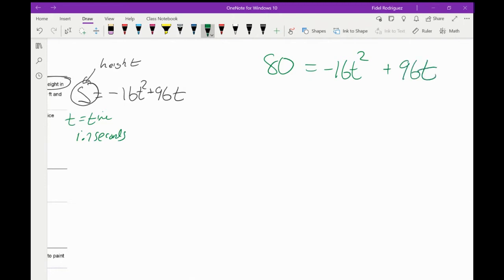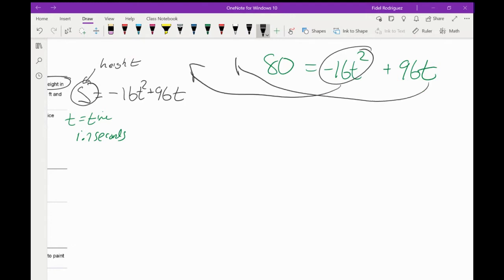Okay, anytime I'm solving a problem, y'all, that has a t squared or an x squared or a y squared, I want to get 0 on one side of the equation. Doesn't really matter what side, but I want to get 0 on one side. So I'm going to move this 16t squared over, and I'm also going to move the 96t.